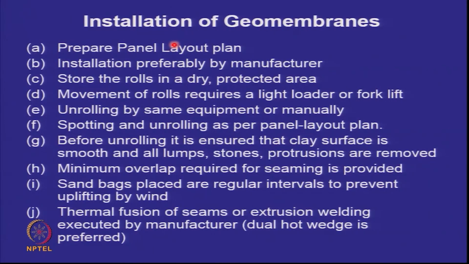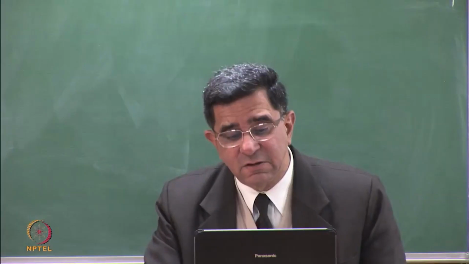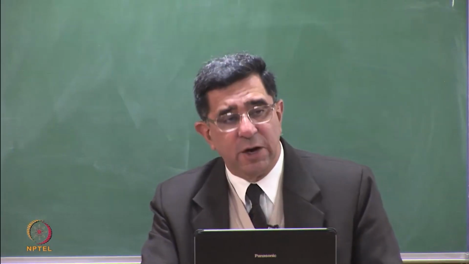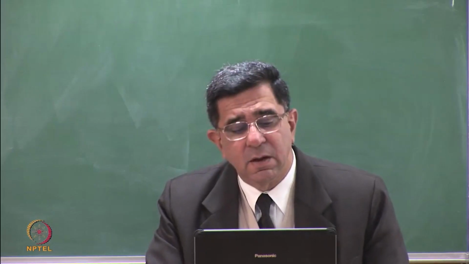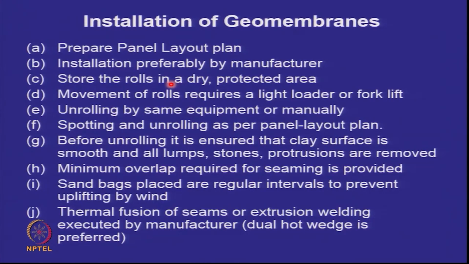Installation should preferably be by the manufacturer or his installer, because how they are going to join it, how they are going to seal it is a specialized job. Store the rolls in a dry protected area. Movement of rolls requires a light loader or a forklift. Unrolling should be done at the site.